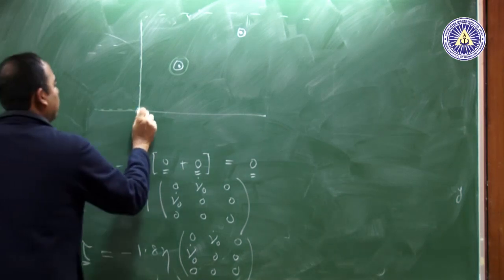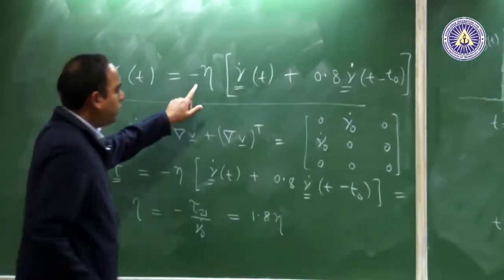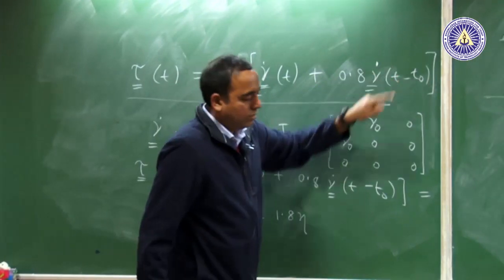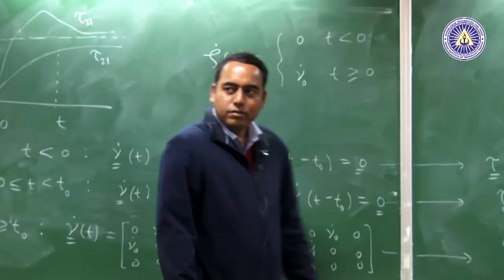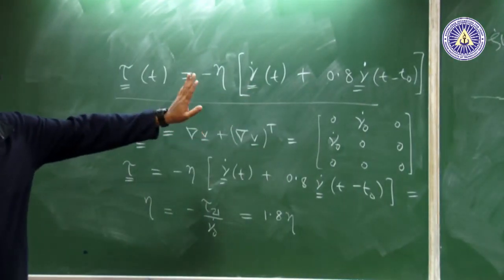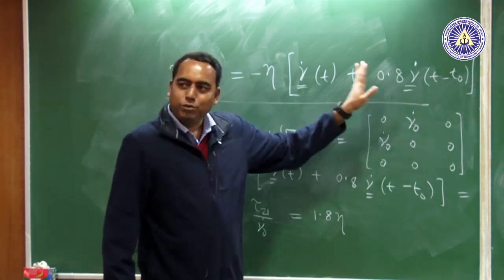So, in a sense we have some sort of this curve coming for a constitutive model which has one memory term which has an arbitrary T 0 in it. Just an arbitrary factor. As of now, this is just an instructive factor. As of now, it has no meaning.